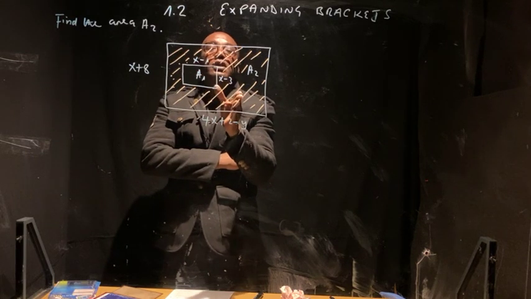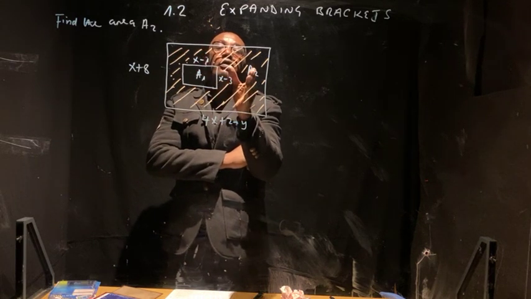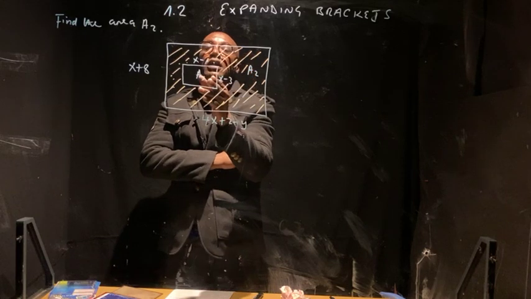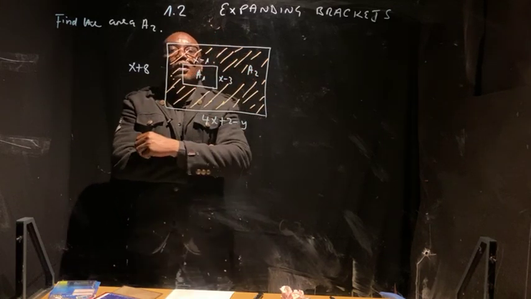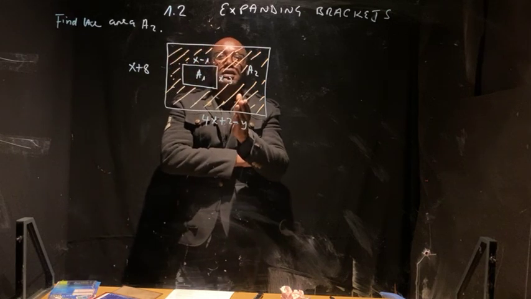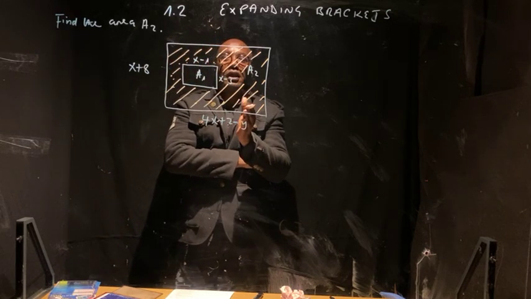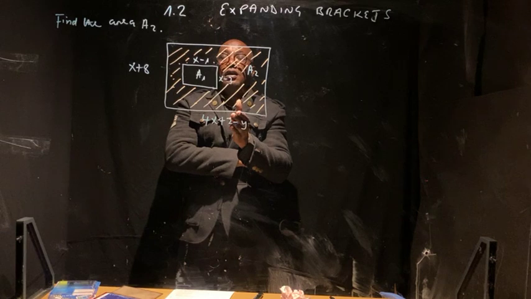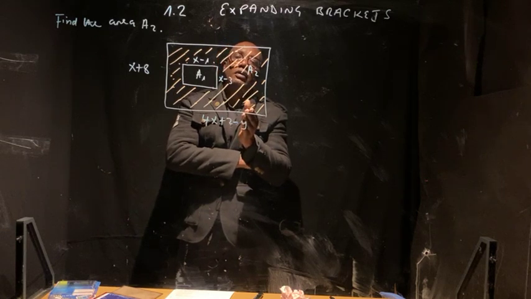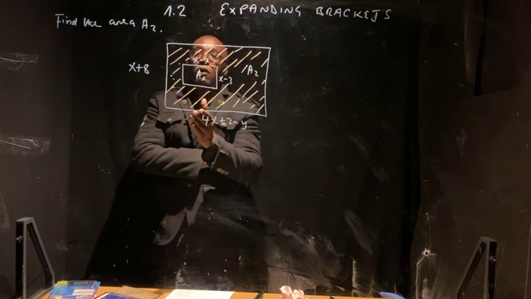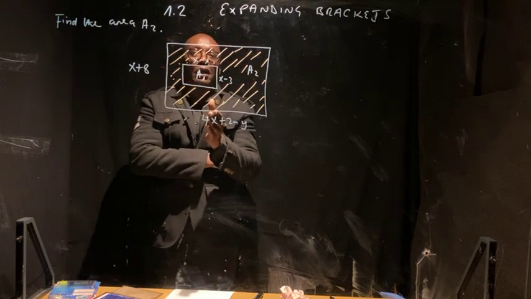For instance, if they are looking for area A2, given that the area A1 and the entire area have been given, you can find such analysis on a construction site. You can also find it in mechanical engineering, where a machine is being designed.